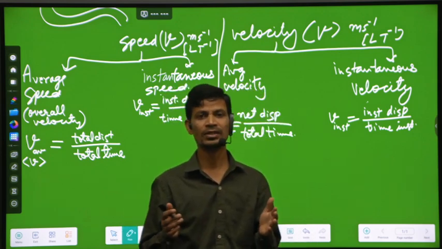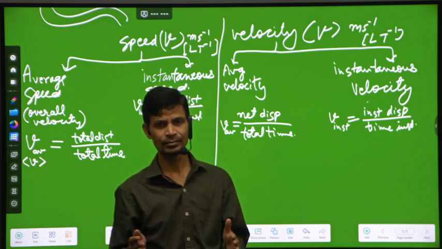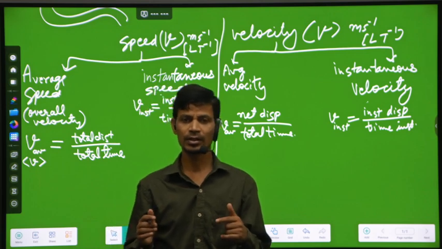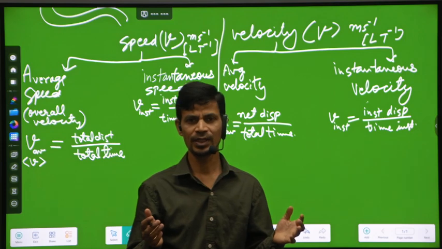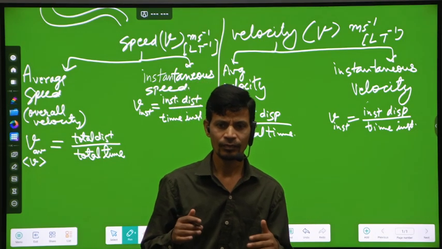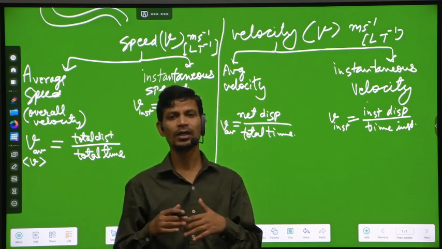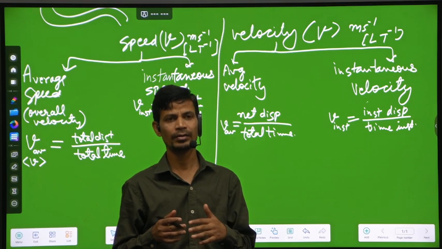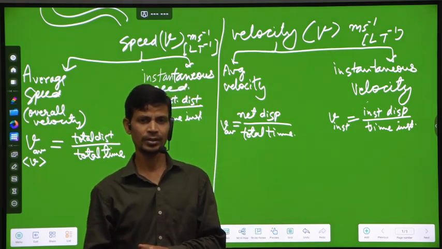So how is it different from average speed or average velocity? If we are interested in finding average speed or average velocity, we are considering the entire motion or a bigger fraction of the motion.